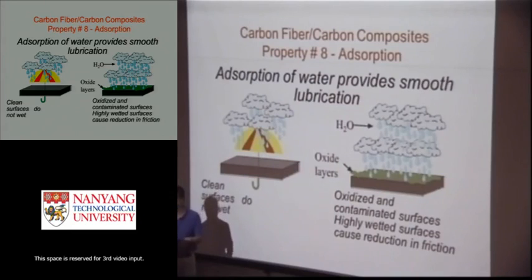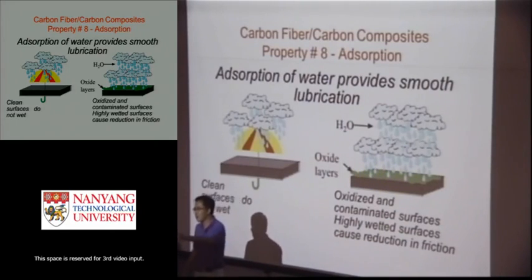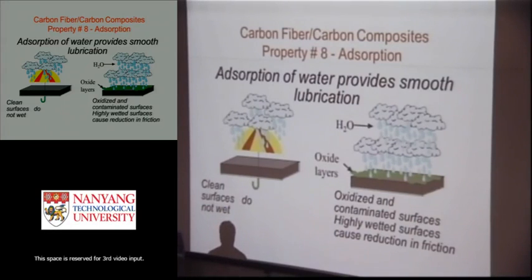However, if your surface is oxidized, the oxide has a lot of hydroxyl groups, which can easily form hydrogen bonds with water. So water can easily stay on the surface. For example, if you oxidize graphite to become GO, the GO can dissolve in water, because it forms hydrogen bonds with water and disperses in the water, becoming a clear solution, right?